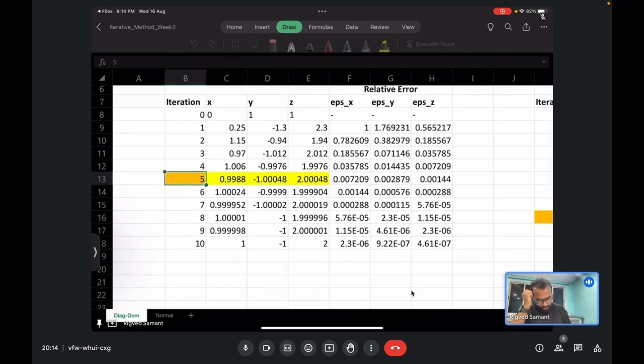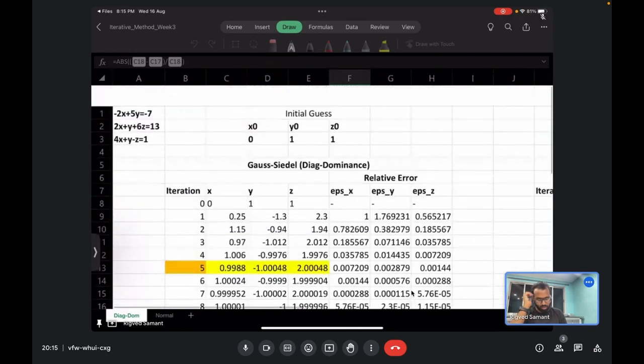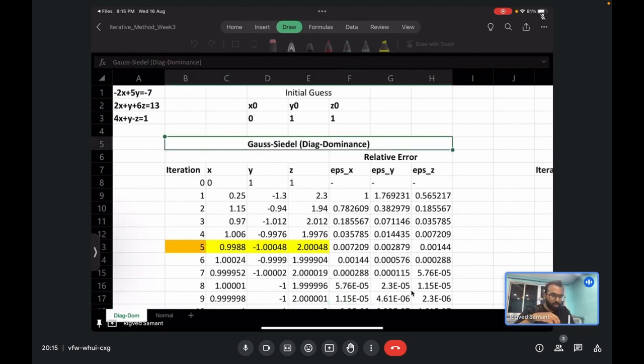And if you go further, at the 10th iteration we actually got the integer values also. The error goes down significantly, right? So this is the Gauss Seidel method, working because of the diagonal dominance.